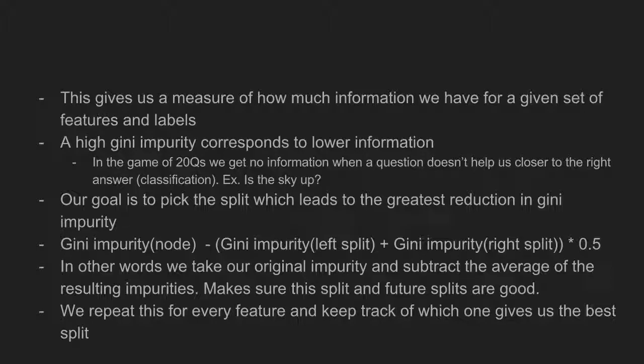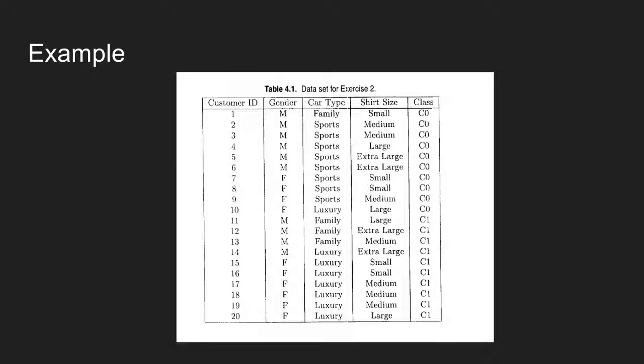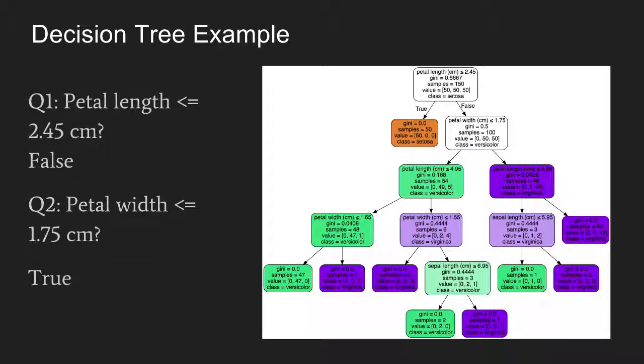So the goal with doing Gini impurity for decision trees is to essentially say, okay, recall that with 20 questions we made some sort of split. So right here we have person, not person, whatever. And going back further to our setosa example, our flower example, we have these different sets of flowers.